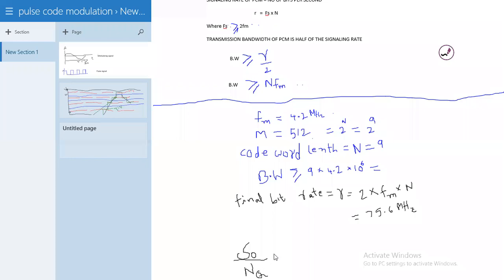What is the formula for this one, in dBs? 6N. Very good. That is 6N equal to 6 into, what is the N? 9. That is equal to 54 dB.